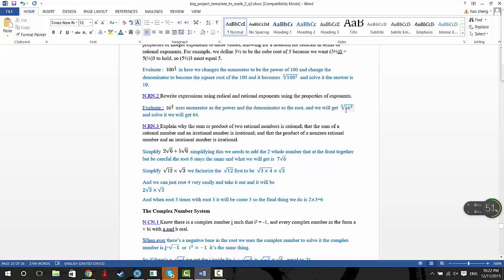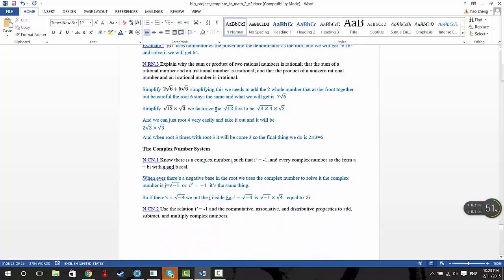So what we do is 4 times 4, so this is the square root of this one, so it's 4, and 4 to the power of 3 will be 4 times 4 times 4. 4 times 4 is 16, and 16 times 4 is 64. Yes, correct. And next we simplify this thing.